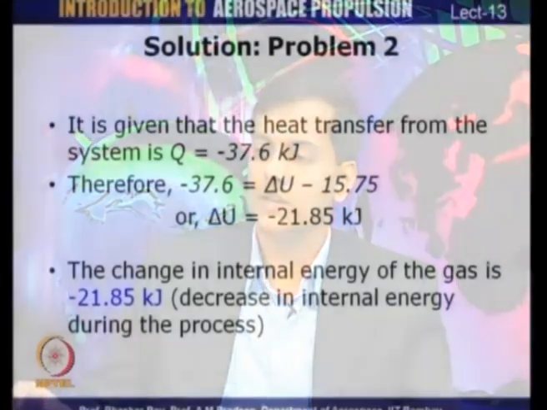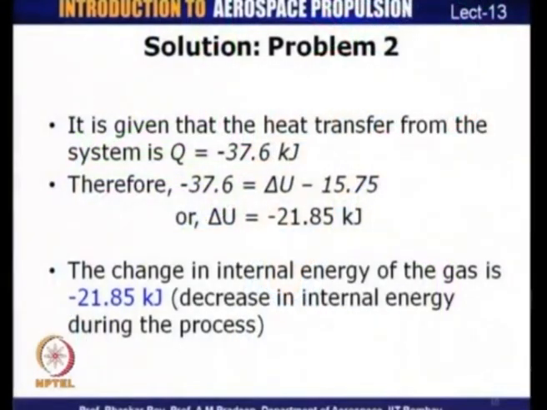Therefore, minus 37.6 is equal to delta U minus 15.75, or delta U is equal to minus 21.85 kilojoules. So, the net change in internal energy of the gas is minus 21.85 kilojoules. This means that there is a decrease in internal energy in the process.